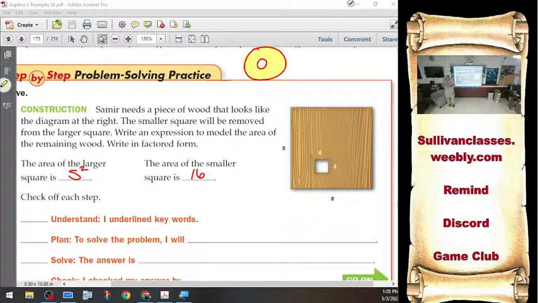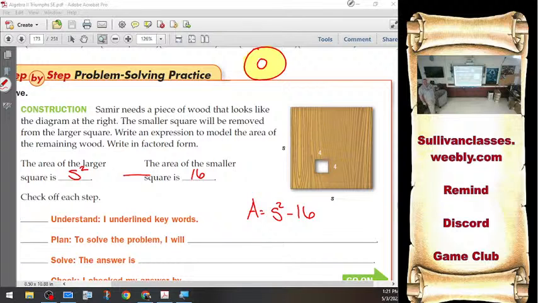The whole big thing minus the part you don't care about. How do we get that? By doing exactly that and subtracting. The area of the whole square minus the area of the little square I don't care about. The area for this thing is simply S squared minus 16. The big thing minus the little thing.